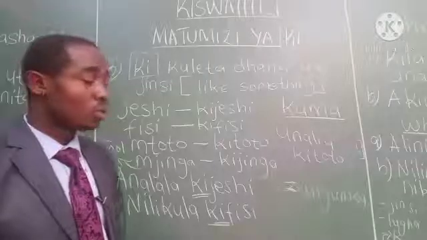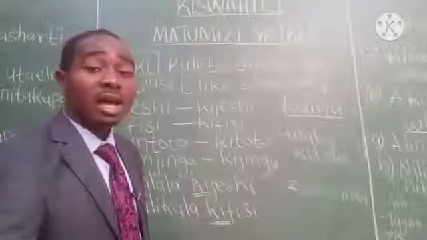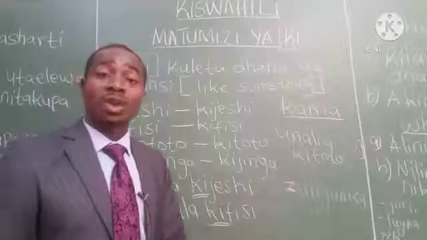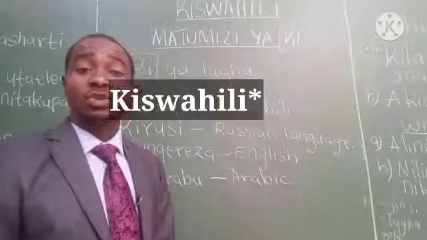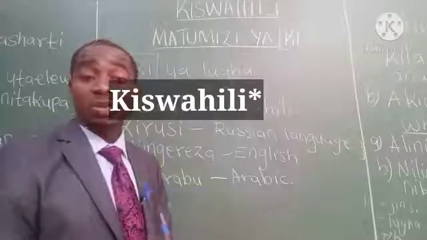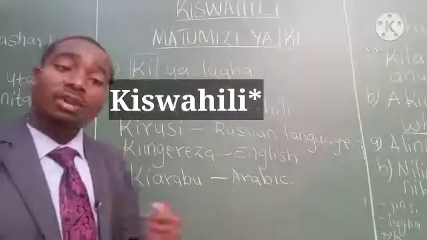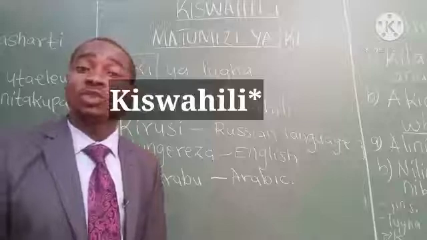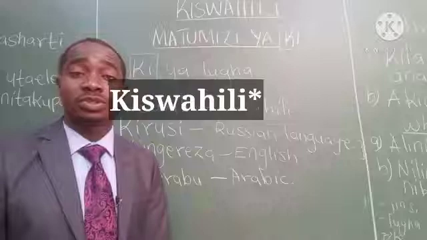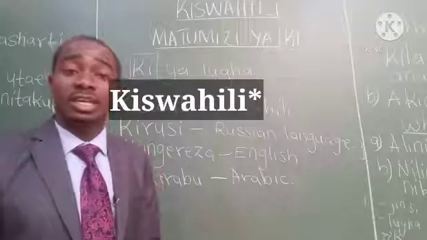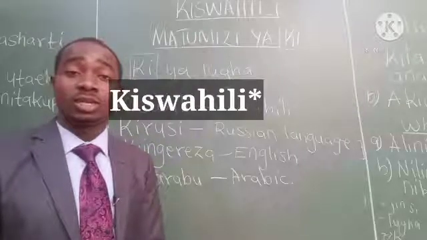Now we are going to the ki ya lugha, the ki of language. Here we have the use of ki for languages. Every language has its own rules on how to refer to a language. In Swahili, we use ki.